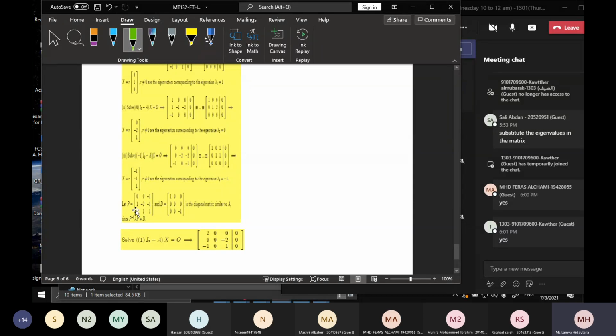That means when you multiply A from the left-hand side by P inverse and the right-hand side by P, you're going to get D. What is D? Should I go and make calculations P inverse A P? No. Already before I calculated the eigenvalues, which came out as minus 1, 0, and 1.